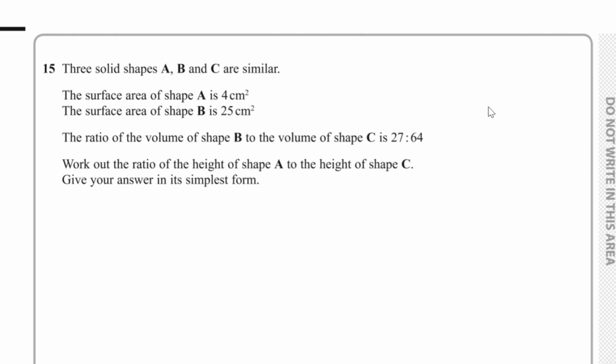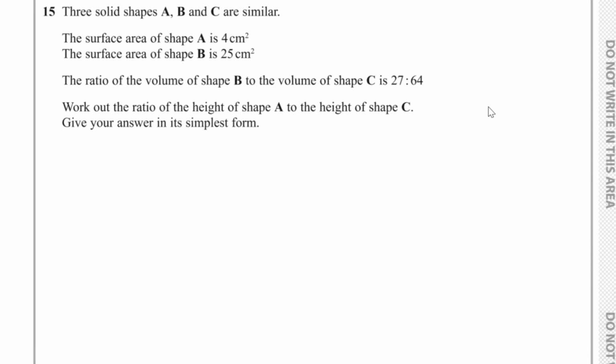Well, what we need to do in this question is find the ratio of the lengths. If I consider the ratio A to B, well, I've got the surface areas equaling 4 cm squared and 25 cm squared.